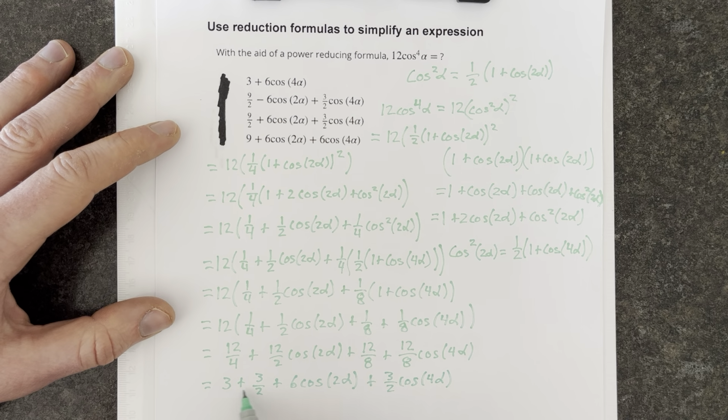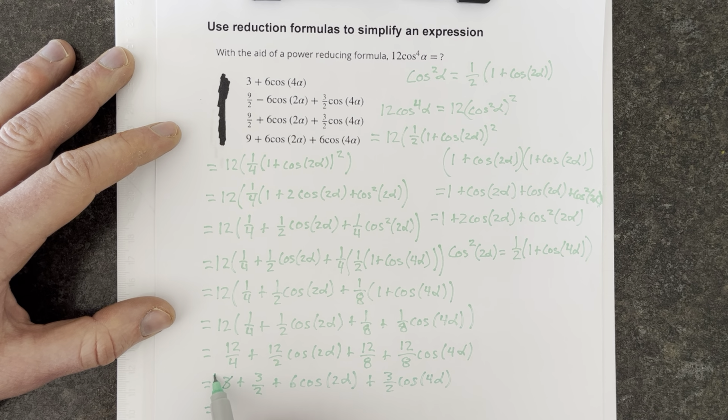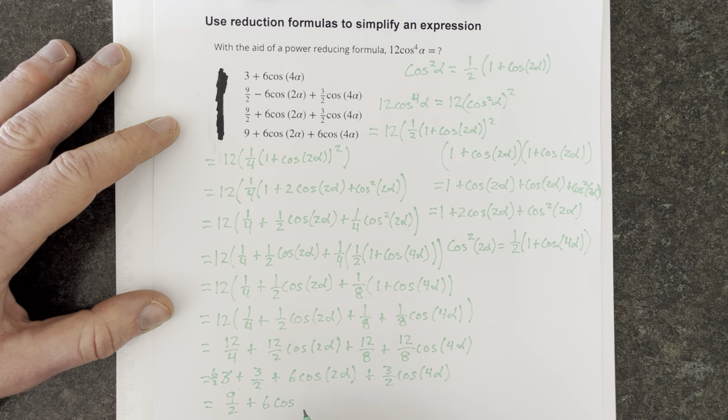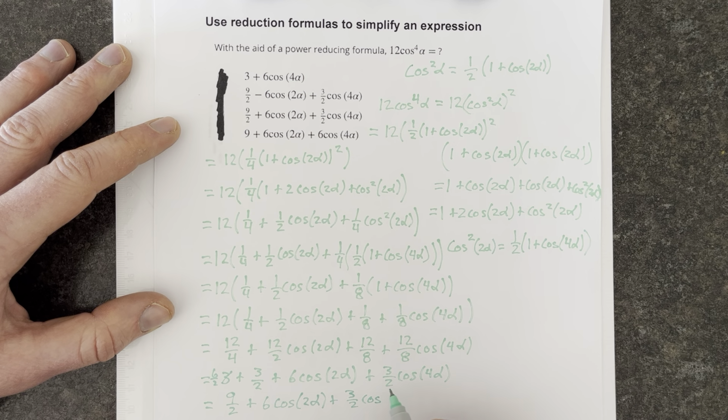Now if I add 3 and 3/2 together, that's 3 plus 3/2, which is 6/2 plus 3/2. That would be 9/2 plus 6 cosine of 2 alpha plus 3/2 cosine of 4 alpha.